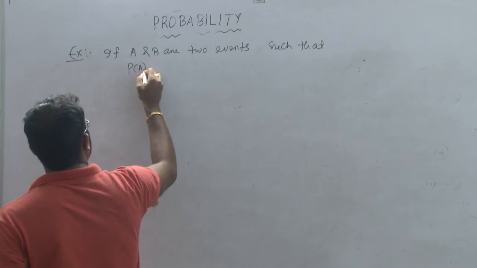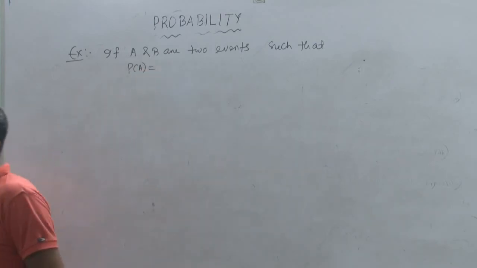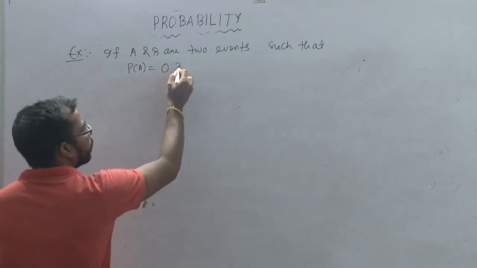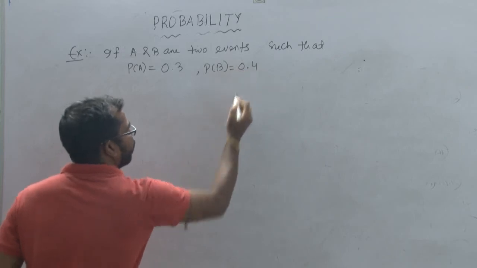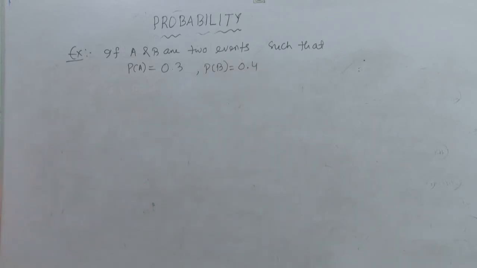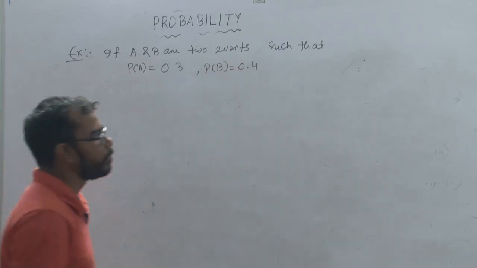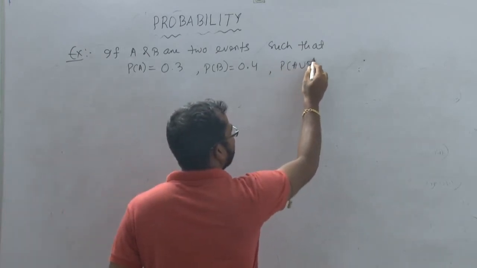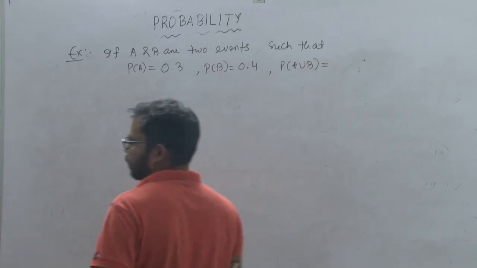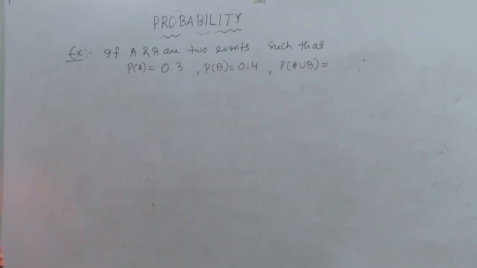P of A is equal to 0.3, P of B is equal to 0.4, and P of A union B, probability of A union B, is equal to 0.6.